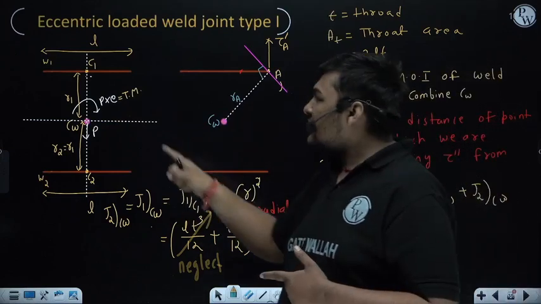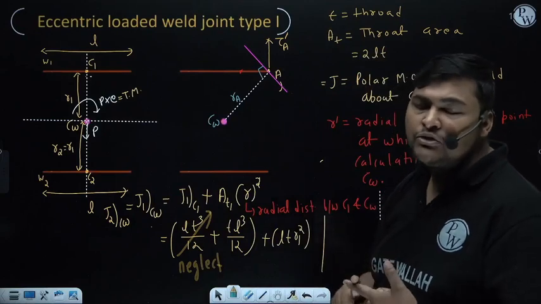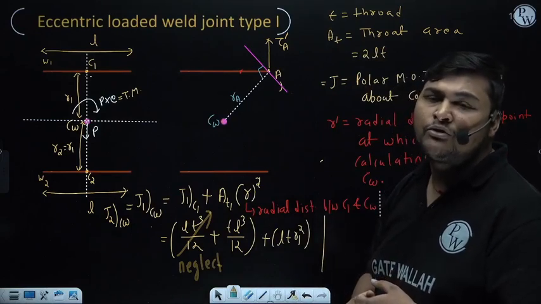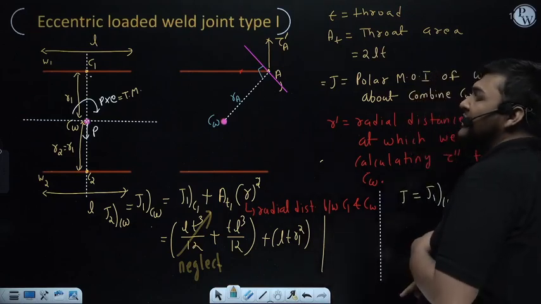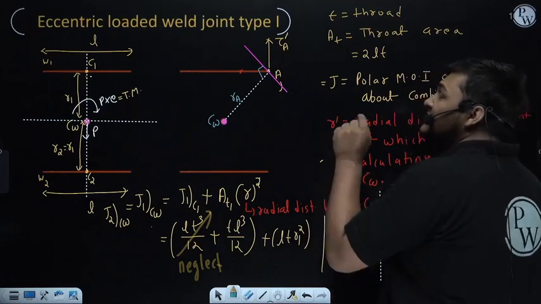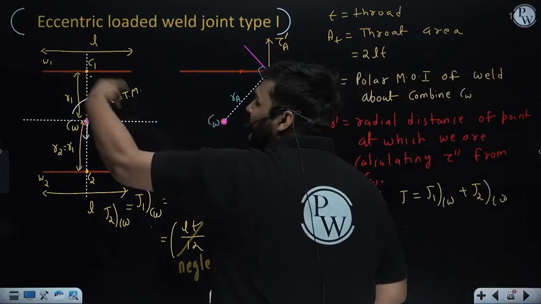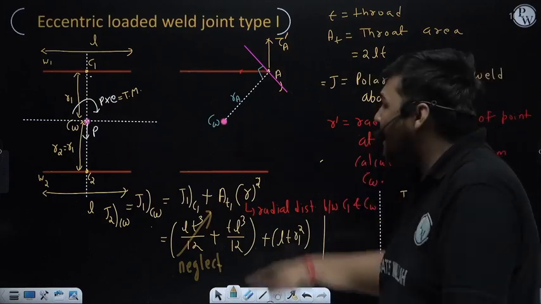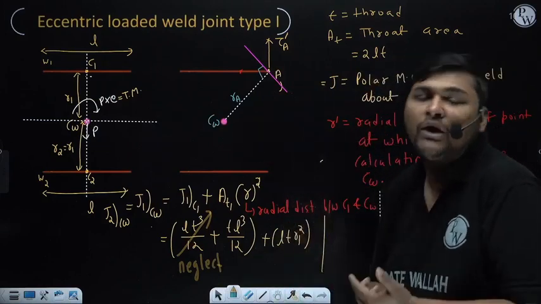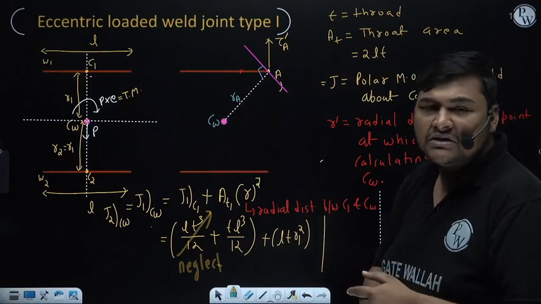In the same manner, the direction of movement about centroid is clockwise, and the stress coming due to this movement is secondary shear stress. So the direction of secondary shear stress will be such that its effect about centroid should be opposite to this movement. Movement is clockwise. So in this line we will take a sense such that its effect about the combined centroid should be anti-clockwise, means opposite to the movement due to which this secondary shear stress is coming.